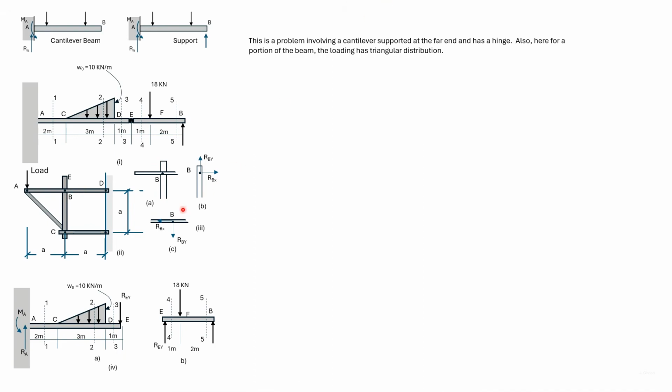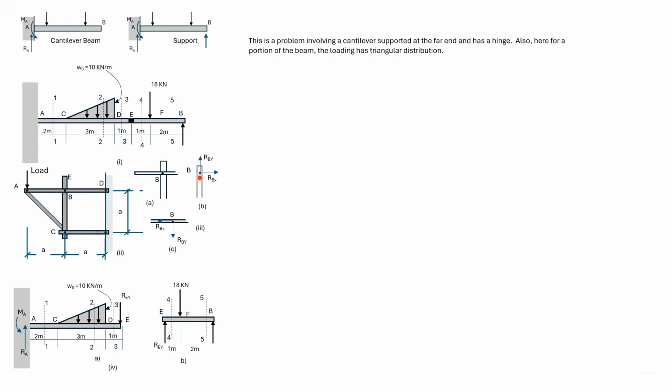So here we see the force that the pin exerts on the member ABD. The magnitude has to be the same as the force that B exerts on ECB. So we can say that the horizontal and vertical components would be equal and opposite.